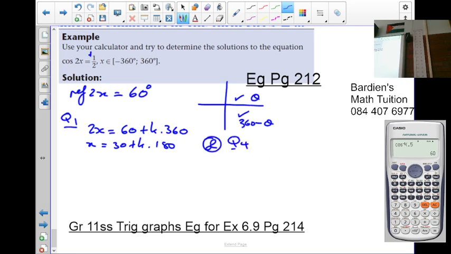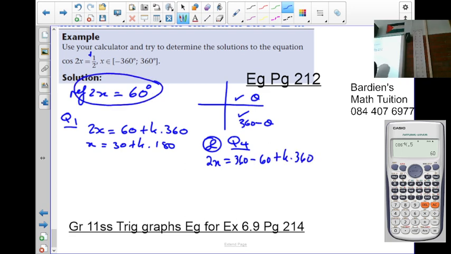Or quadrant 4. How do we get to quadrant 4? 360 minus 60 plus k times 360. You see, I didn't divide this by 2 to get x on its own. Only once I've taken it to the correct quadrant do I then simplify the angle.